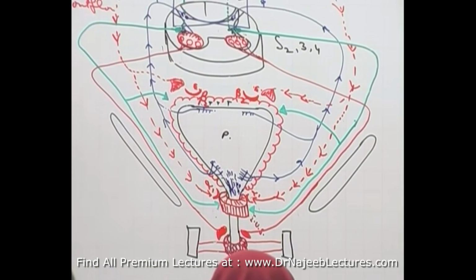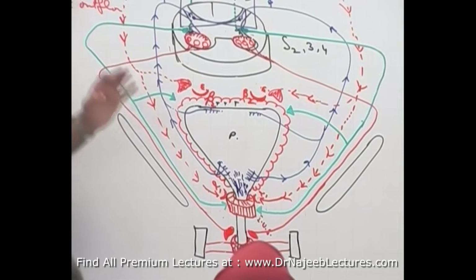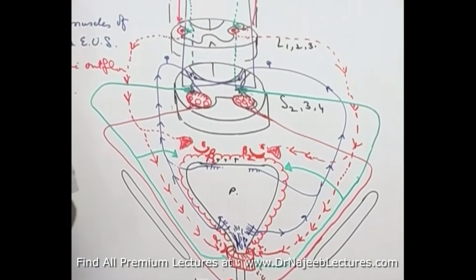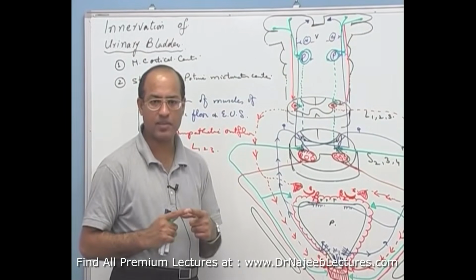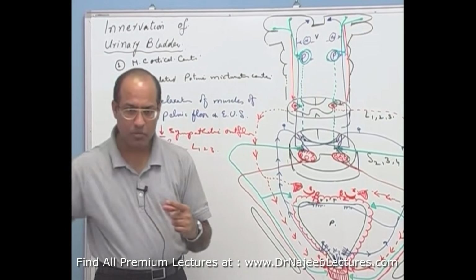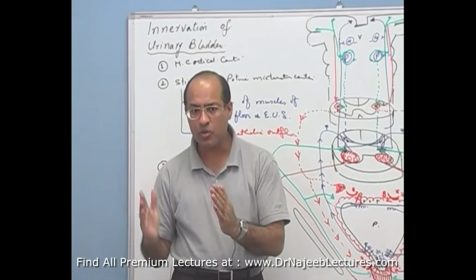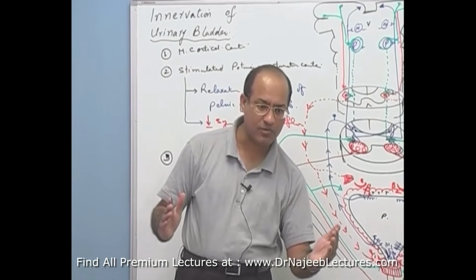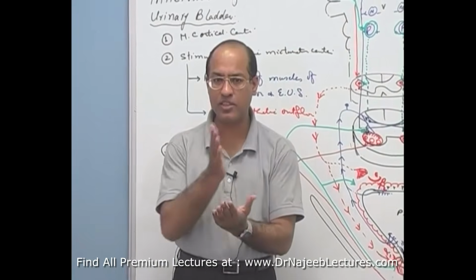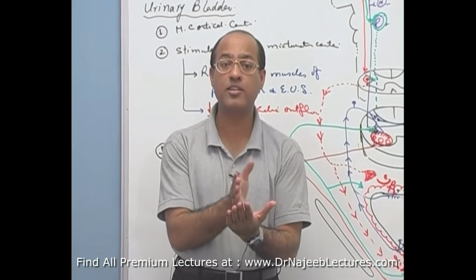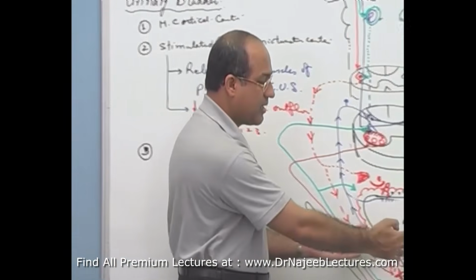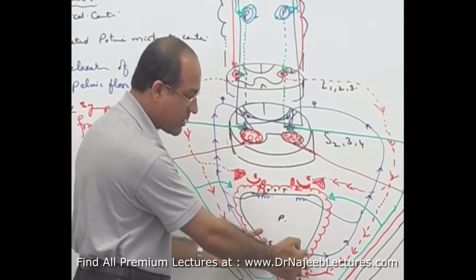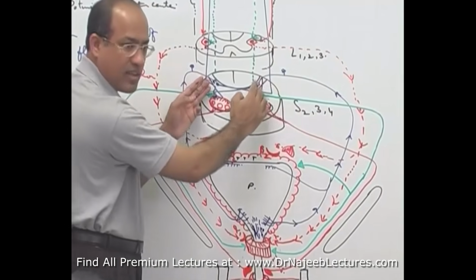Again, let me repeat the steps. Step number 1, when he has gone to a place where he can pass the urine comfortably, right? What will happen? We have to compare what is happening before that event and what is happening after. Before he sat on the seat, he was holding the urine. What was happening at that very time? Sensory input was going, right?